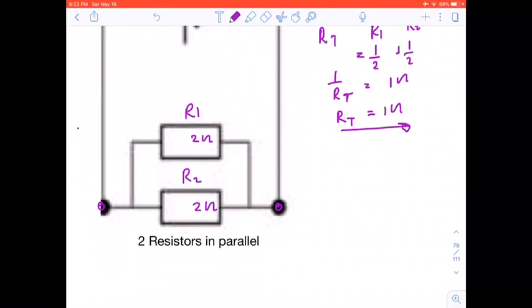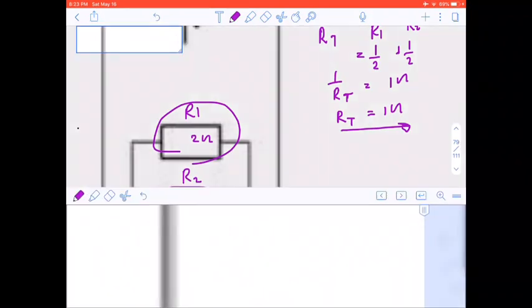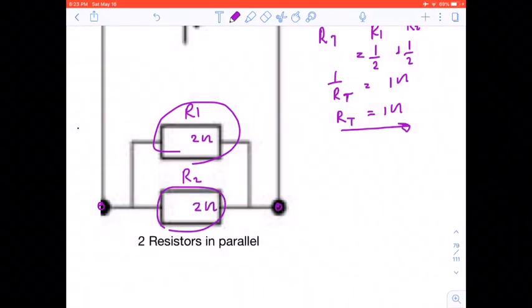That means if I substitute this resistor and that resistor and I want an equivalent resistance for the two that are in parallel, I could replace them by one particular resistor connected in series in this circuit. But now, if we want to know the current in the circuit, I total is equal to V total upon R total, okay?